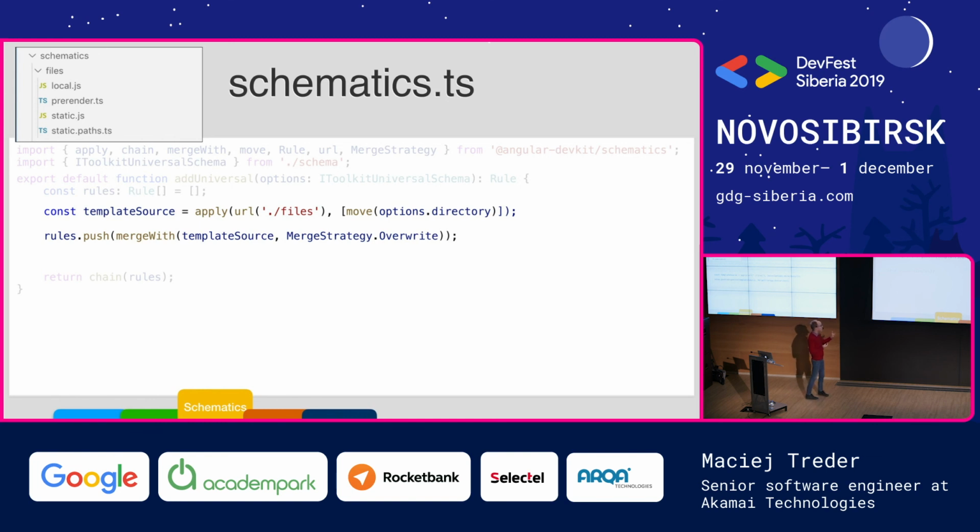is the code which I want to have in my customer repository, but I don't want to keep it, it's large, and I don't want to keep it directly in schematics.